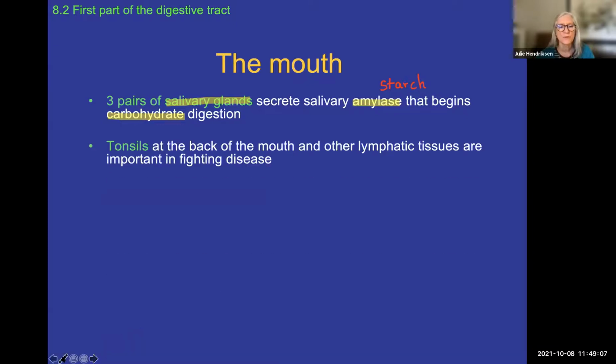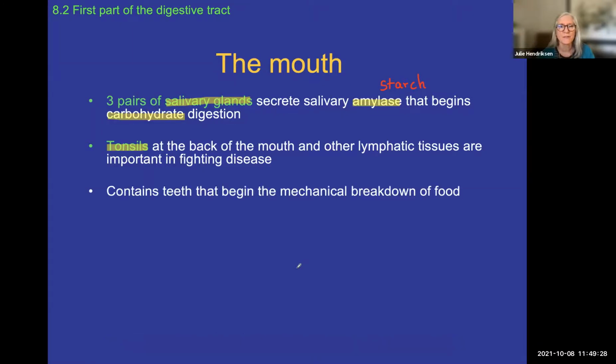Of course, tonsils are really not part of the digestive system, but when we think of tonsils, which are lymphatic, immune system organs, you think of those as being something you can see when you open your mouth. We'll look at that in a few minutes, but it's really part of your immune function in a lymphatic tissue.